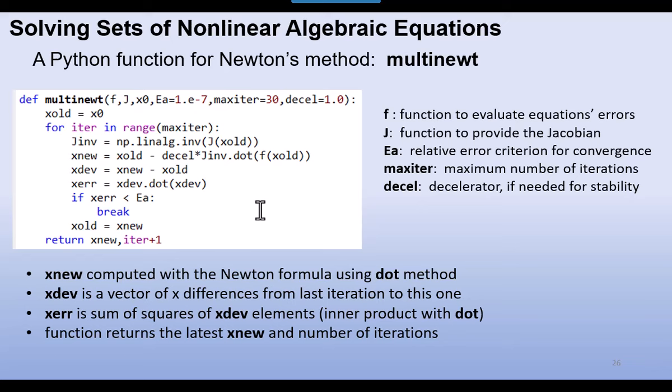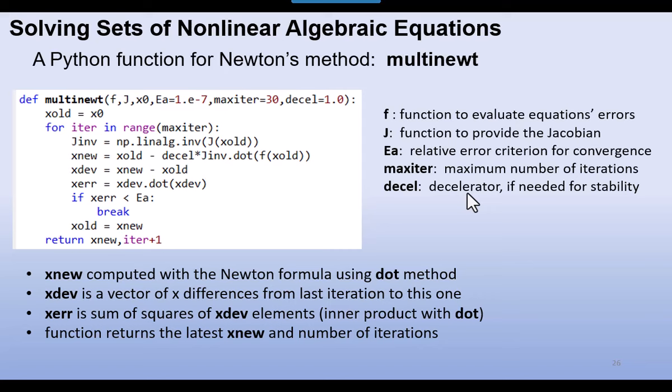So there's our function, and it's got some text here to describe. And what happens is Newton's method has a tendency to go unstable. It's an open method that can be unstable, and convergence is not guaranteed.